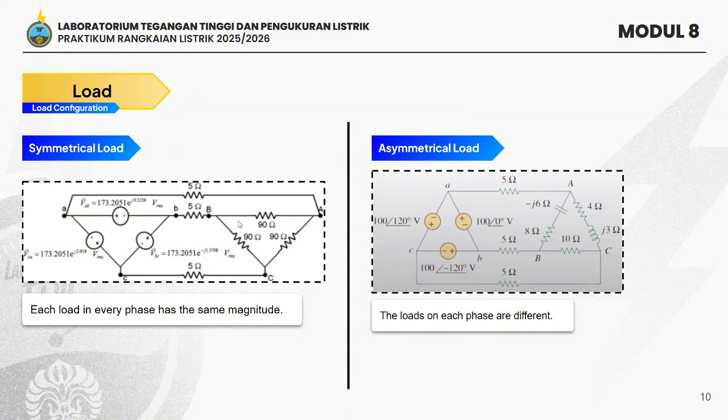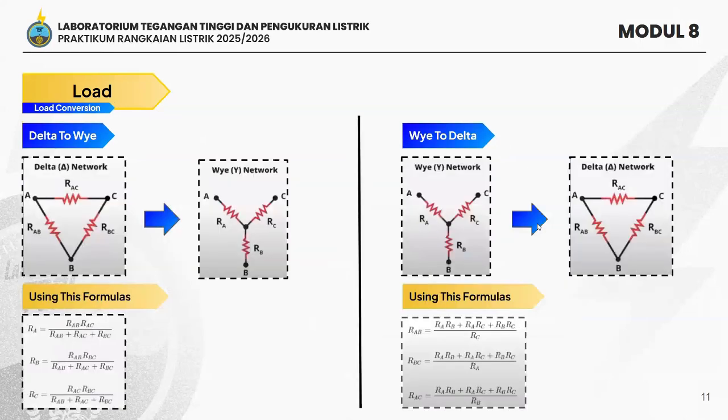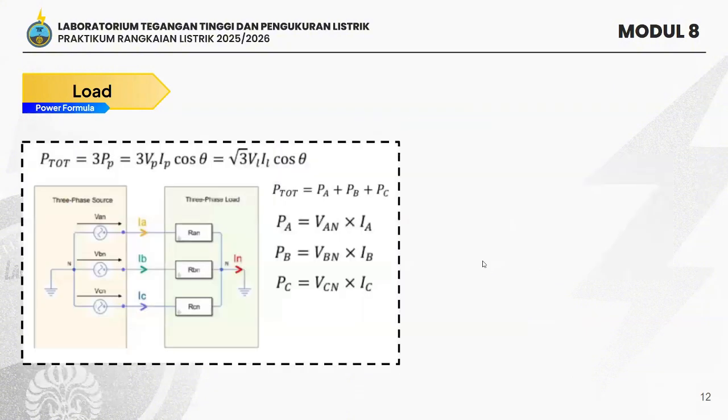In symmetrical load, there are three loads that have the same value, and in asymmetrical load, the loads on each phase are different. You can see on this picture. And for the load, you can convert the configuration from delta to Y or Y to delta using this formula. And the last one is the power formula.